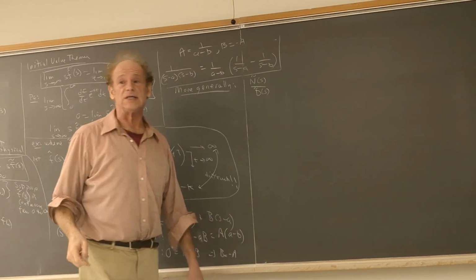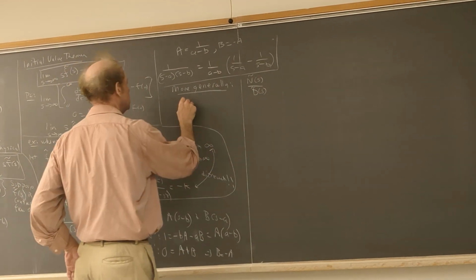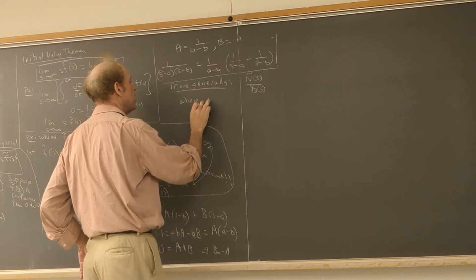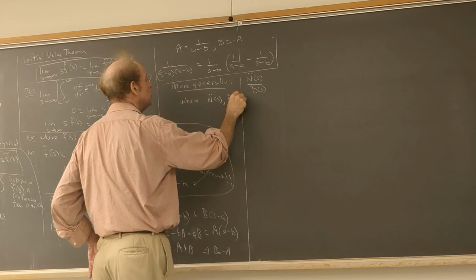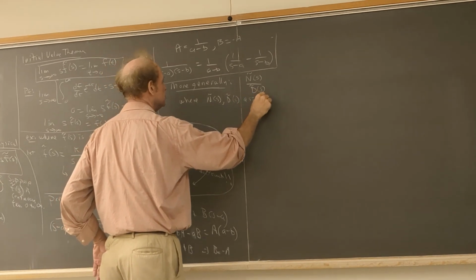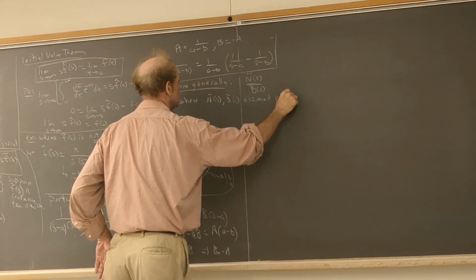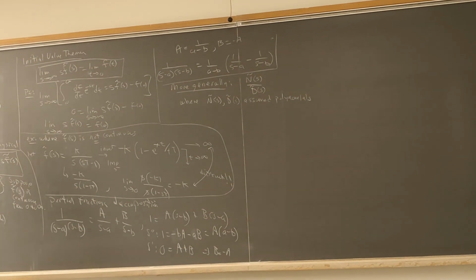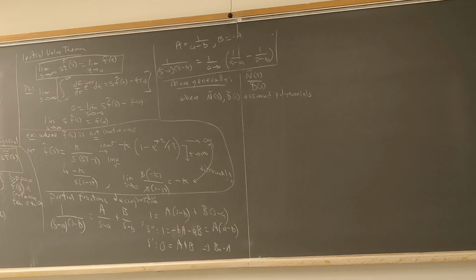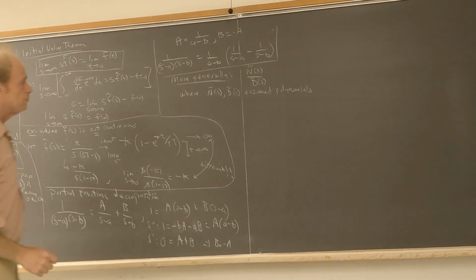N is numerator, d is denominator, where n tilde of s and d tilde of s are assumed to be polynomials. I'm going to assume that they're polynomials, because that's what we seem to be coming across most of the time.